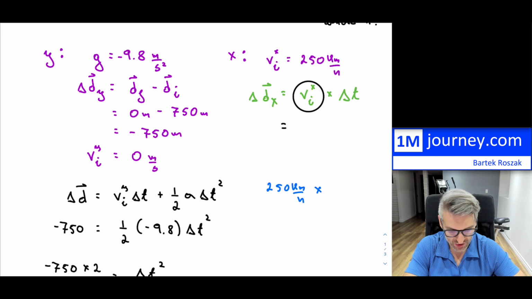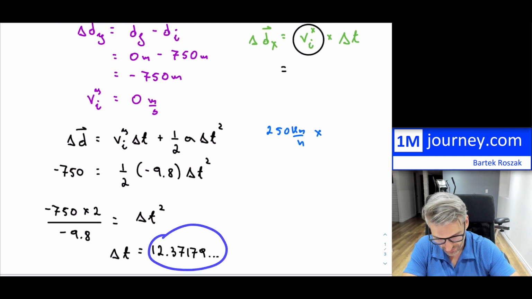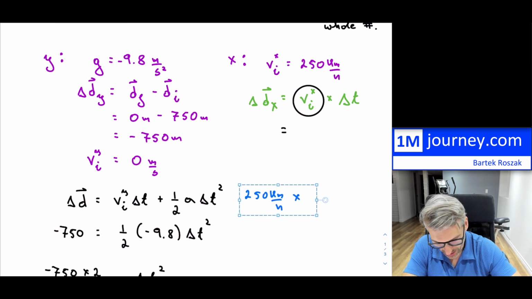You don't have to necessarily change it, but since this is in seconds, about 12 seconds, I'll just keep it in that. So that means I can get rid of the kilometers. I'm going to do that in fast forward fashion.